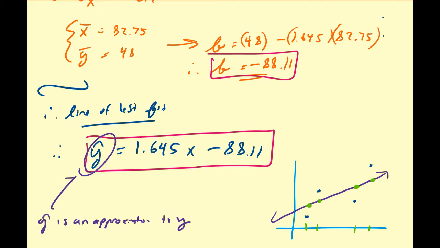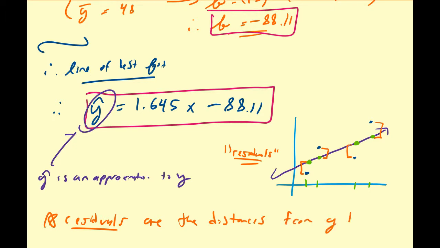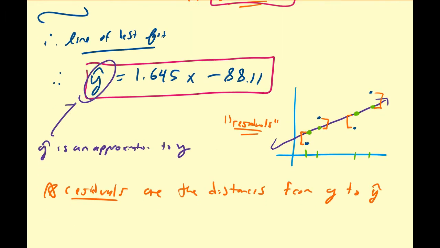This distance between our line of best fit and our actual values are called residuals. The residuals are the distances from y to y hat, and some people define the residual of x to be equal to y minus y hat for a particular x value.